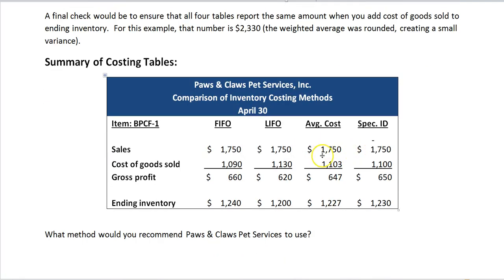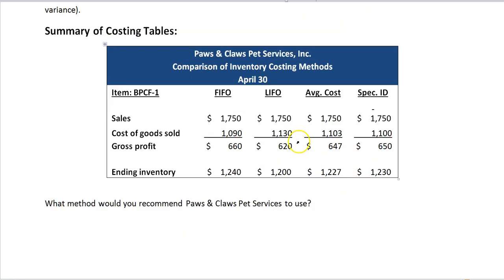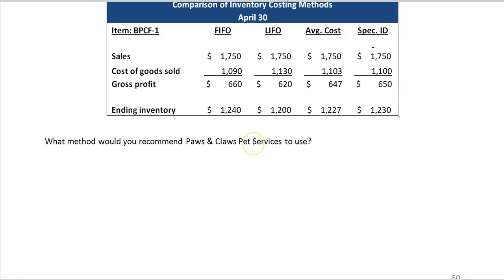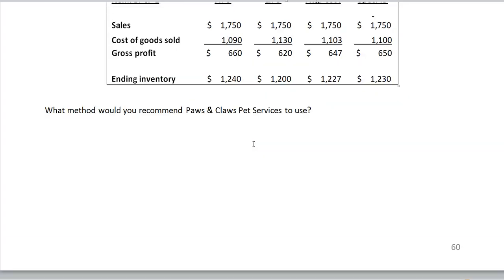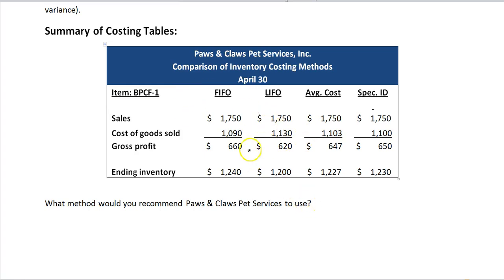You can see a summary of the costing tables here. We can see FIFO prices are rising, so we see FIFO is higher than LIFO, than average cost between the two. Specific ID just really depends on which ones were sold, so it could be anywhere in that range. What do you recommend? It really depends. FIFO is the most popular, the smaller inventory.